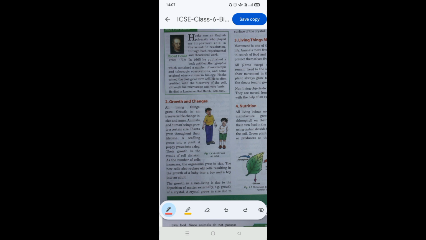So, the second characteristic is about growth and changes which take place in living organisms.